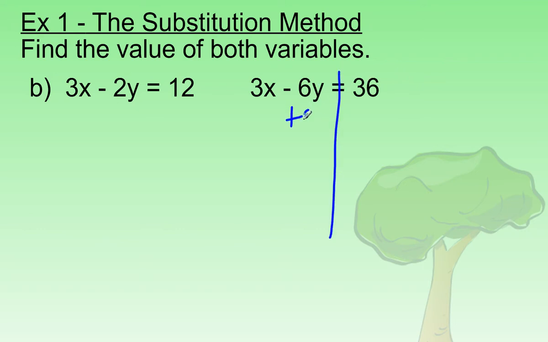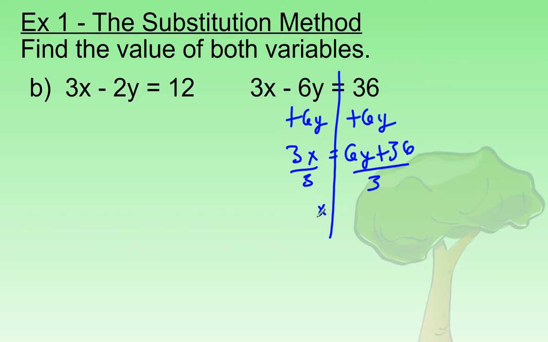So I'm going to add 6y. 3x equals 6y plus 36. And divide both sides by 3. X equals 2y plus 12.